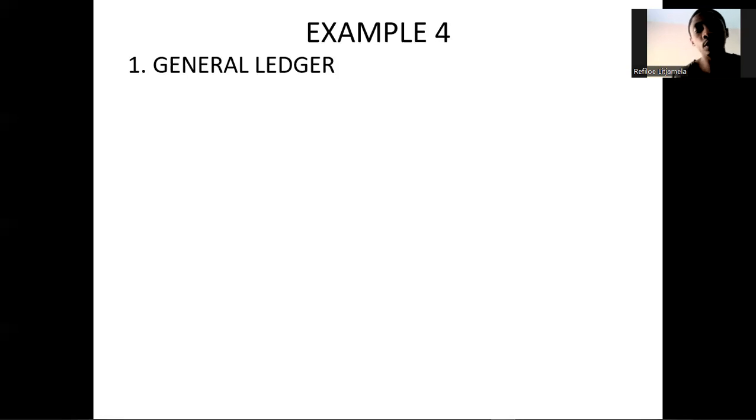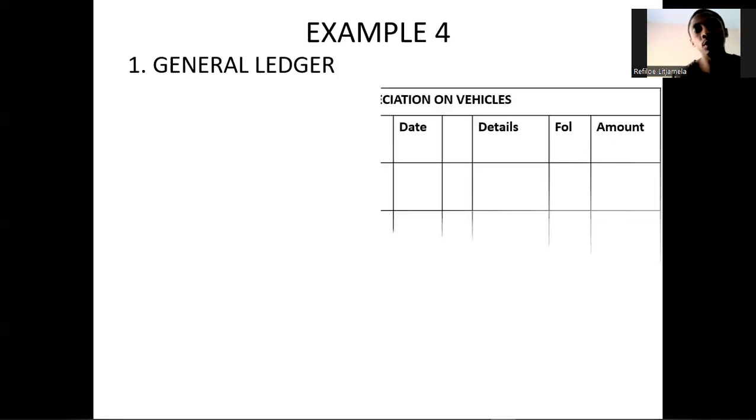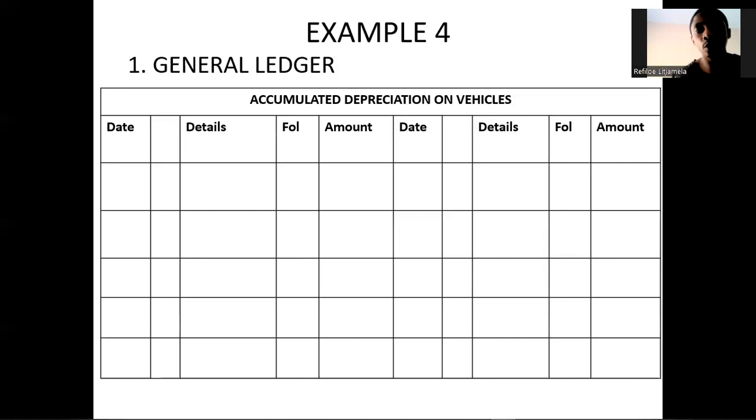Obviously, accumulated depreciation, as I've specified, it will go up on the credit side and it will be increased by depreciation. So if I had to put a sign to accumulated depreciation, it will be minus, not plus.